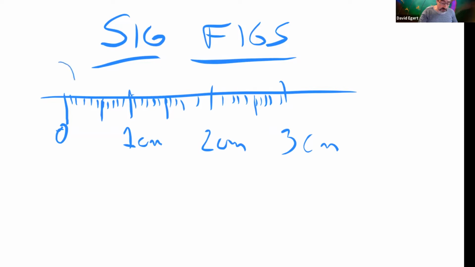What are these little subunits in between the centimeters here? Millimeters. Right, so given this ruler, the closest I can get is to the nearest millimeter. That's the closest I can measure with this.